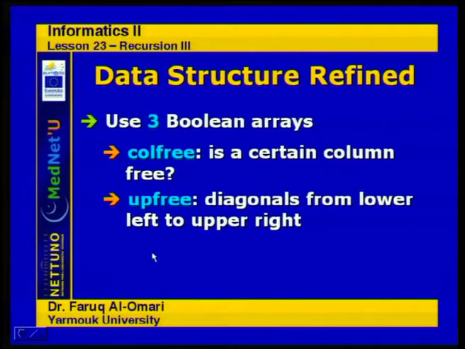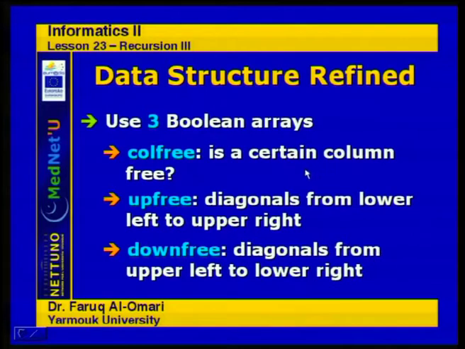Each of these positions is going to be examined to see if it is guarded or unguarded, true or false. And then the third one is the so-called down free. It's for diagonals from the upper left, up here, down to the lower right of the chessboard.